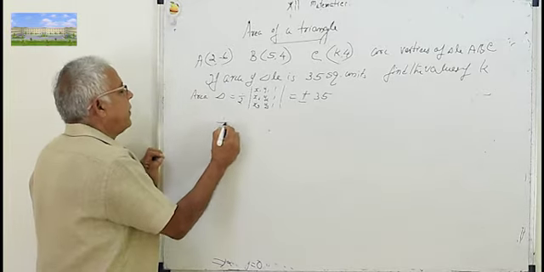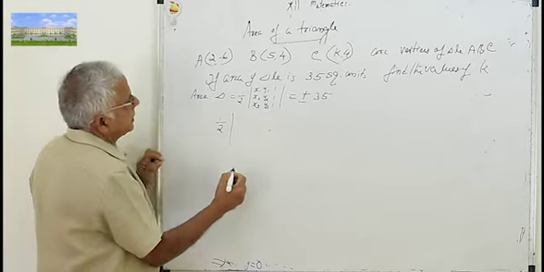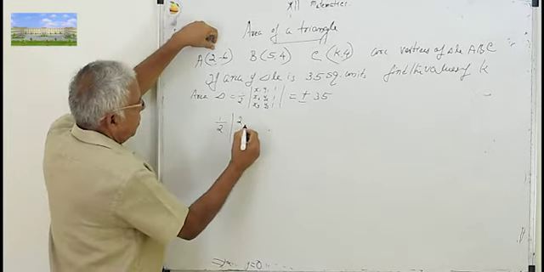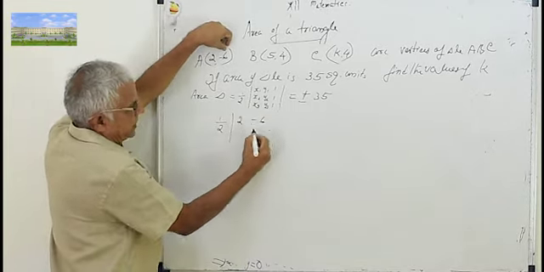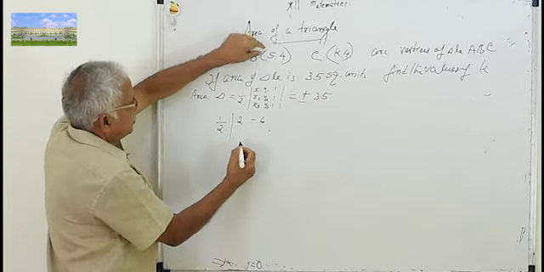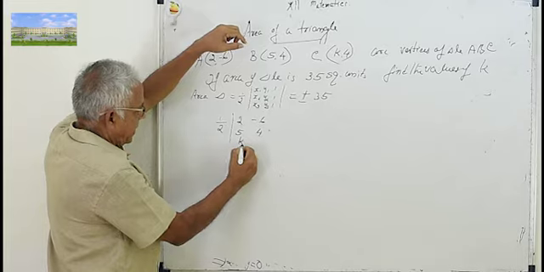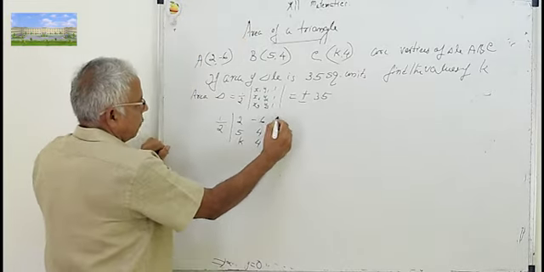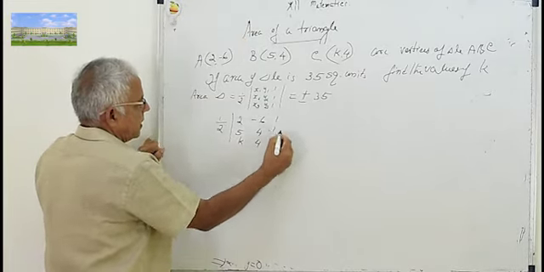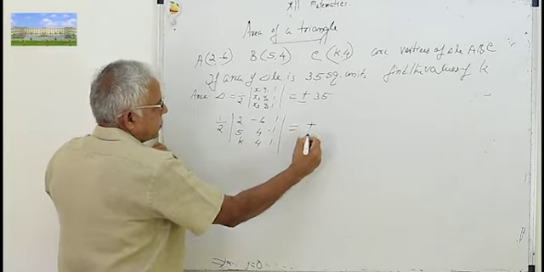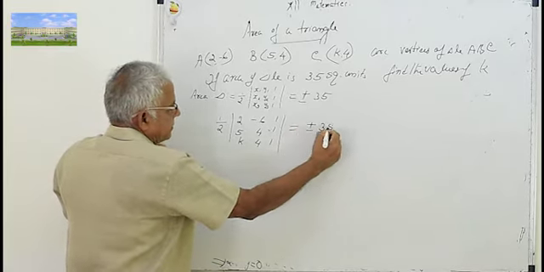Here, half into the determinant with x1 value 2, y1 value minus 6, x2 value 5, 4, and k 4, 1, 1, 1 is equal to plus or minus 35.